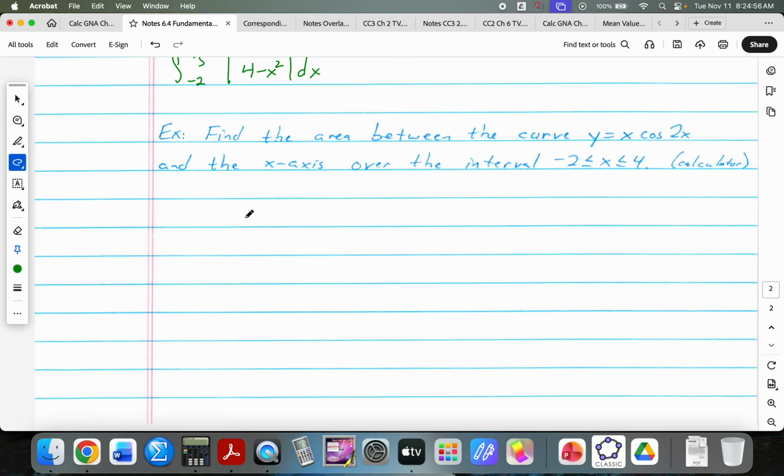You don't have to do a whole lot of work to do this. This is simply going to be the integral from -2 to 4 of, as we did in the last one, the absolute value of x times cosine 2x dx.